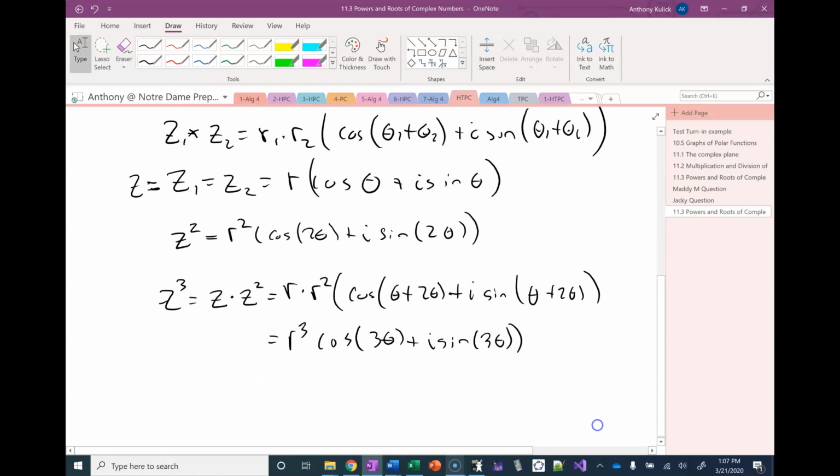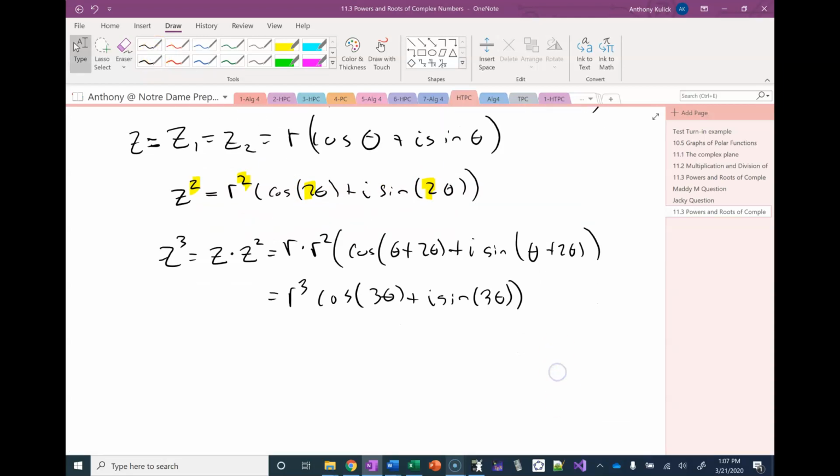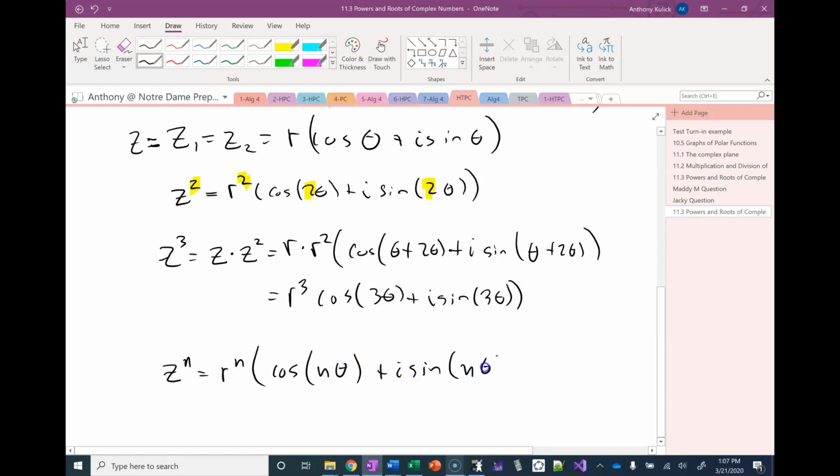And at this point, we should start seeing a pattern, right? So what is the pattern that we should be seeing? The power on our complex number should match the power on our modulus and the coefficient on our argument. So let's write that out as a formula. z to the n is equal to r to the n times cosine n theta plus i sine n theta.